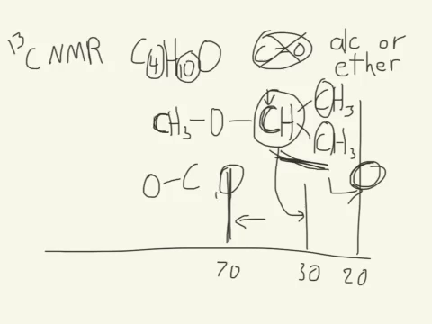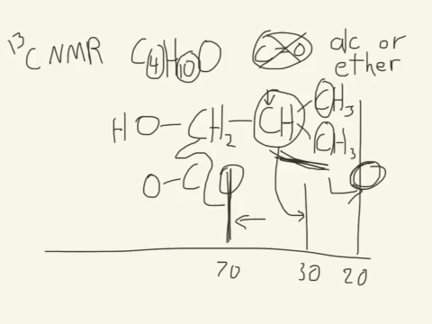Then we'd see 2 peaks around 70, but we don't have that. So we're going to have to put in our CH2 here, and then the oxygen. I think it's more likely that this is an alcohol instead of an ether. And then it would make sense that there's this 1 carbon that's bonded to the oxygen, and that's causing this peak.